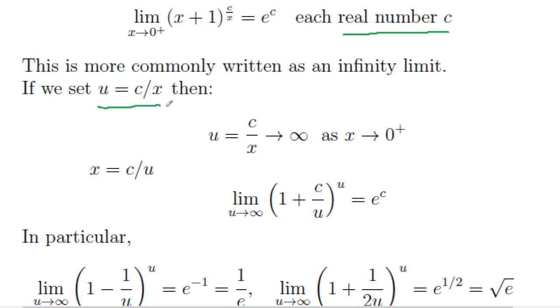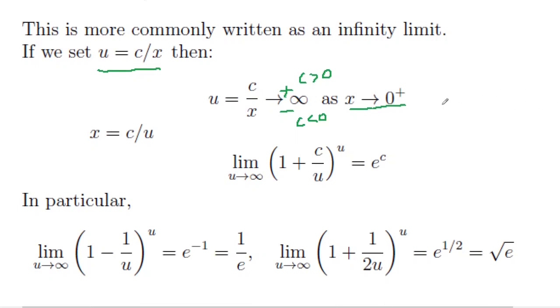Let's make a substitution: c over x, let's call that u, and then notice that as x goes to 0, c over x, or u, goes to infinity. Actually, it goes to plus infinity if c is positive, and it goes to minus infinity if c is negative. So we have these two special cases, but it is immaterial as far as calculations are concerned.